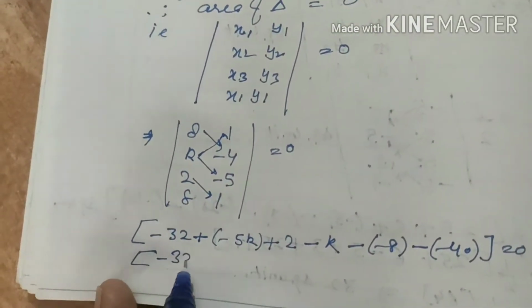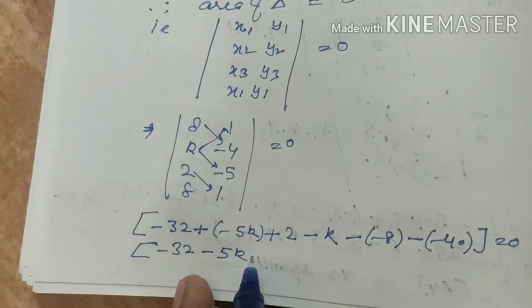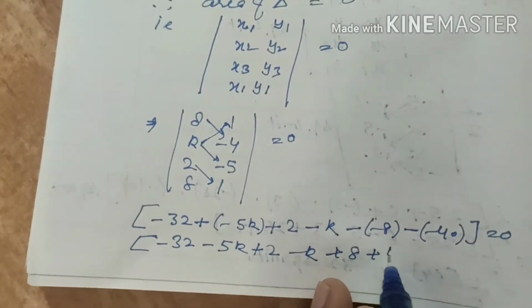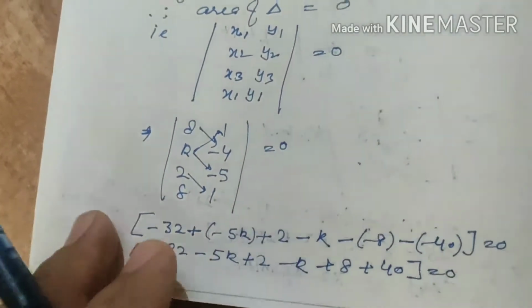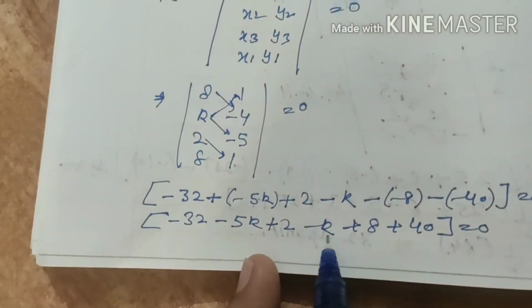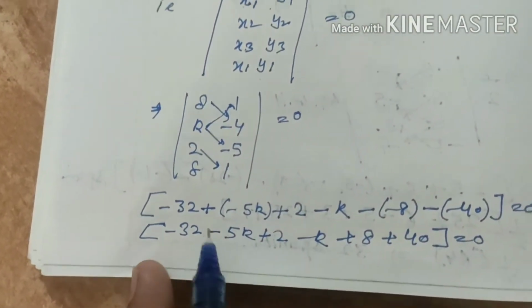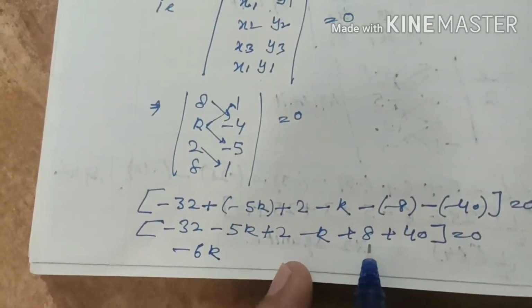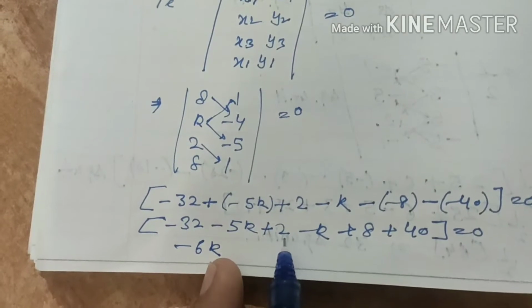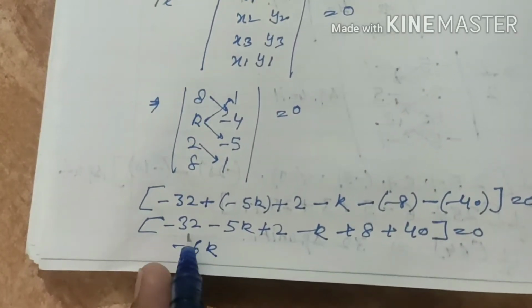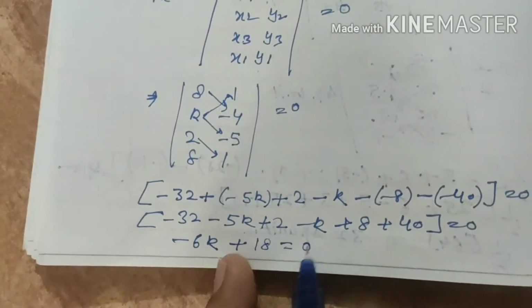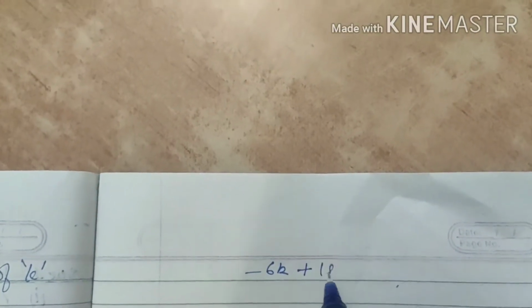Now minus 32 minus 5k plus 2 minus k plus 8 plus 40 equals to 0. So now we have minus k and minus 5k becomes minus 6k. 40 plus 8 becomes 48, plus 2, that is 50. 50 minus 32 becomes plus 18, so we have minus 6k plus 18 equals to 0.